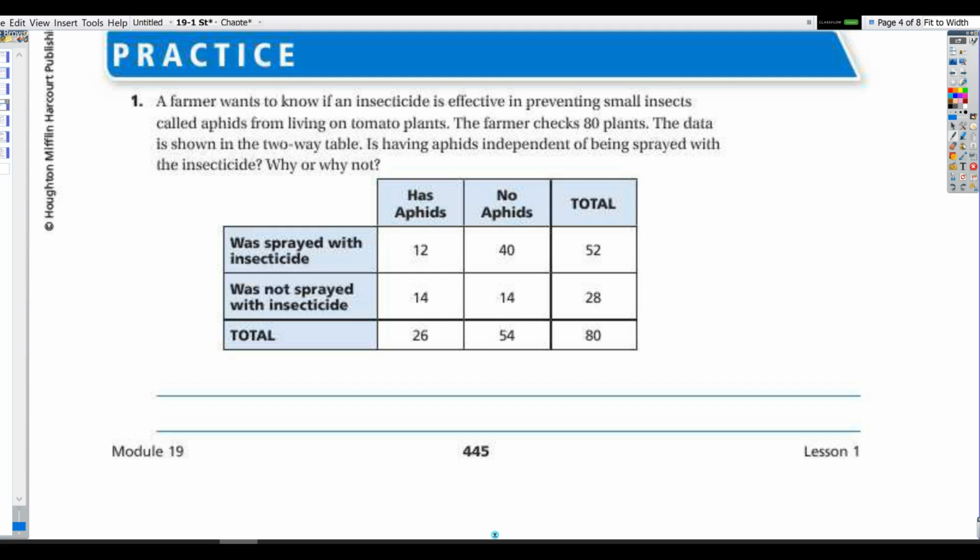Okay, so what we're going to do is we're going to say, let A be the event having aphids. Let event I be sprayed with insecticide. First of all, let's put our labels on here. A is for aphids. Then I'm just going to say not aphids.